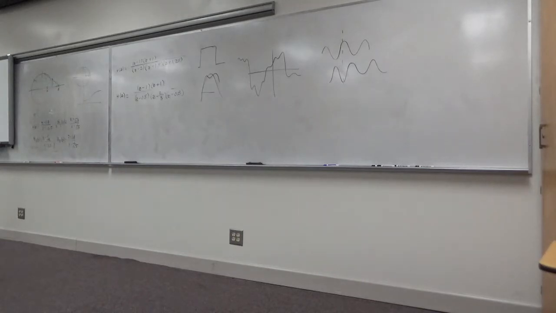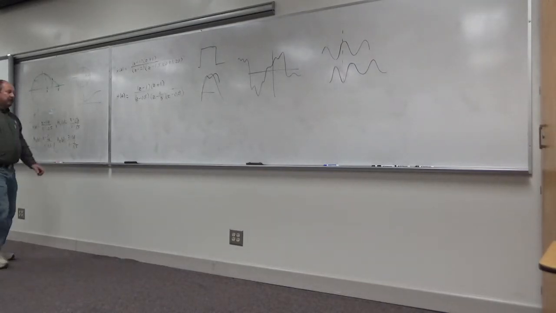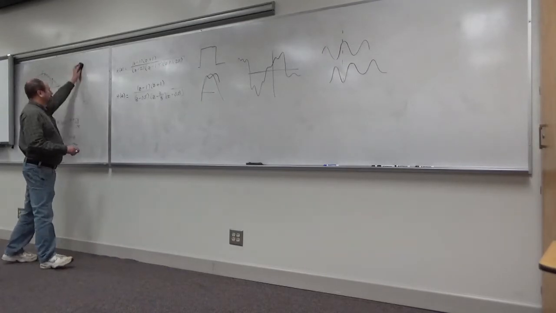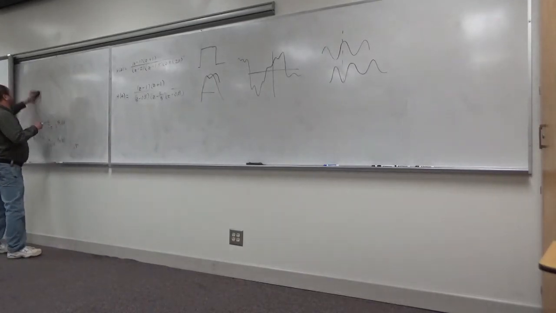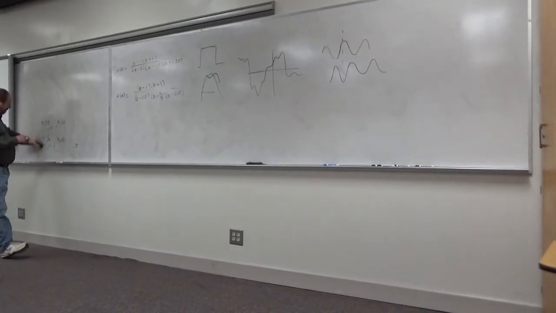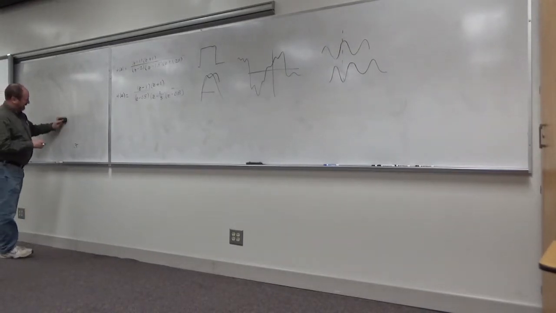So you can reflect. Now, I have done all this based on real poles. The math is a little bit messier, but it turns out it works exactly the same way for complex poles. Okay? I've been working with real poles and zeros. So, if I did this, what would that be?